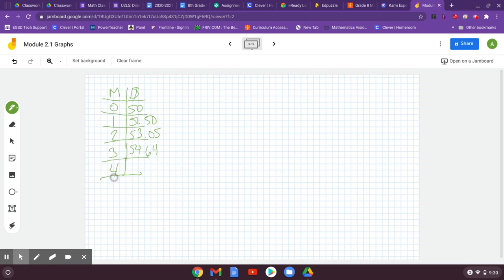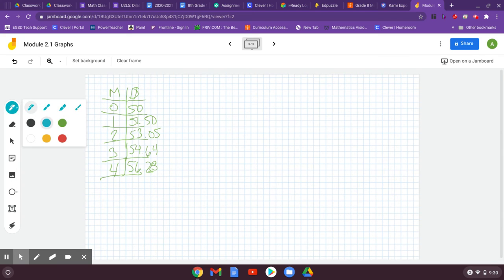I'll do one more here. 4 is 56.28. That gives you a chance to try solving that as well.